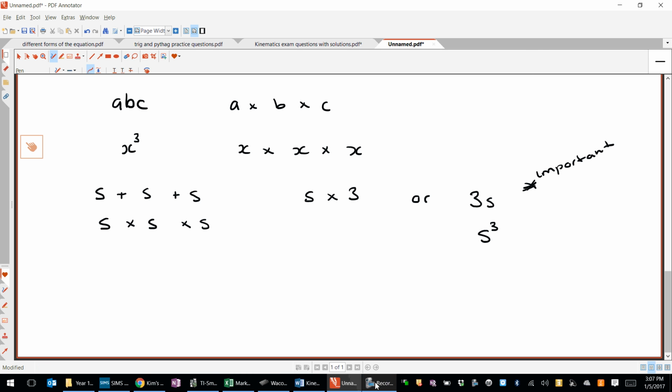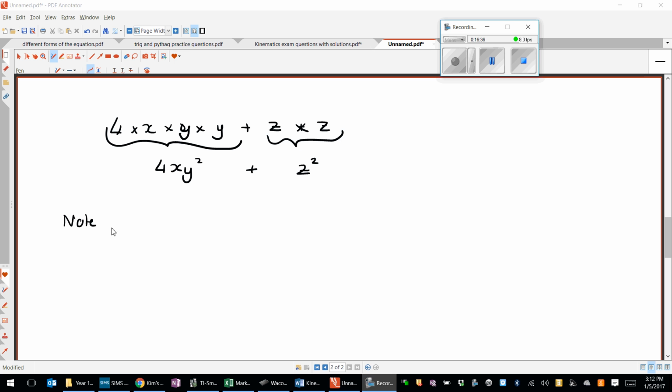Okay, there's a careful here, just to check something. 4xy squared or 4xy, squared. Different. You have to remember big maths again. So this one would just be 4 times x times y if we expanded it.